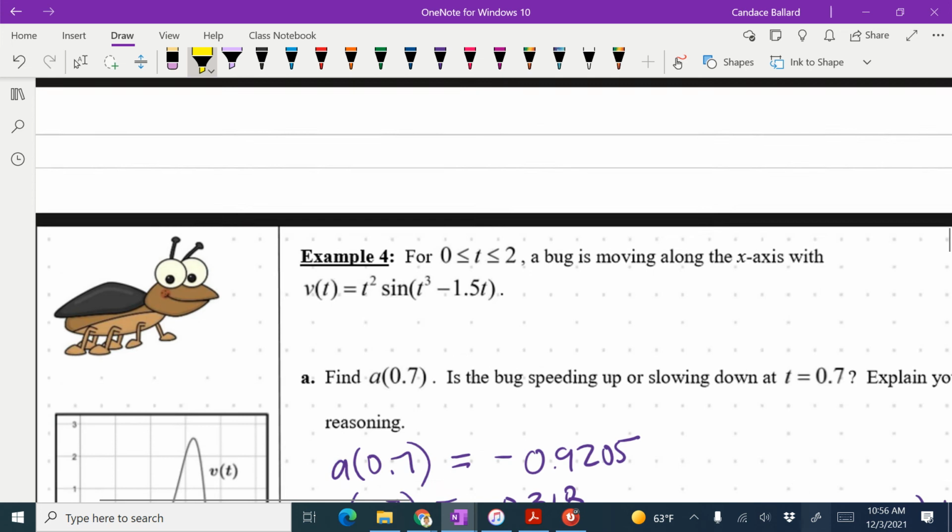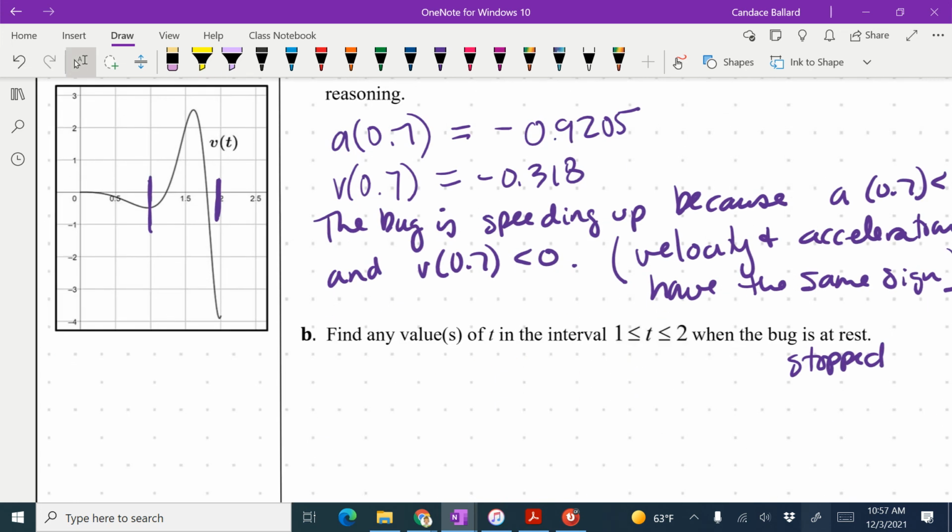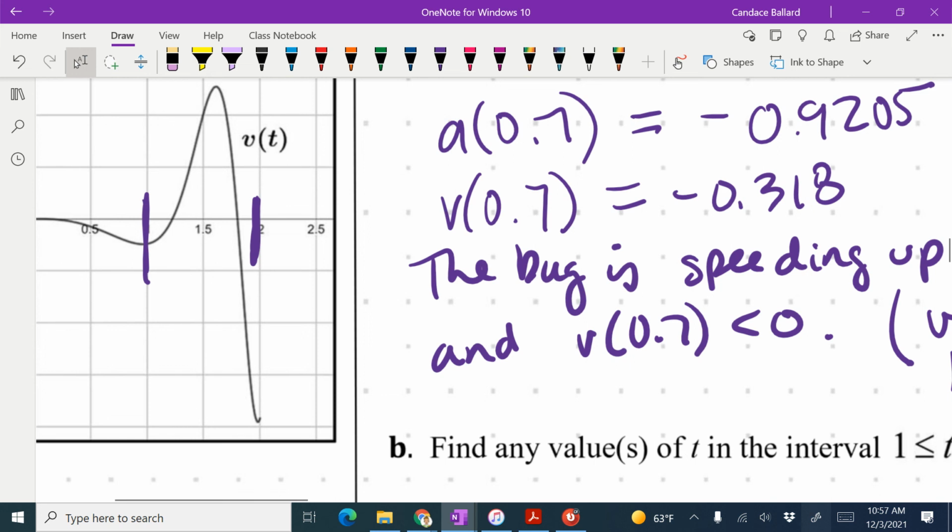Well, let's go look. What do I have the graph or the picture of or the function for? Position, velocity, acceleration. I have velocity. Okay? I know that I'm stopped when the velocity is equal to 0, which would be right there. Do I know what that point is just by looking at the graph?